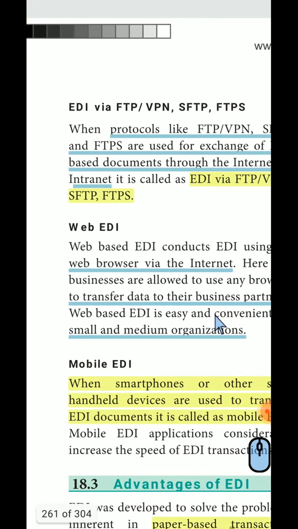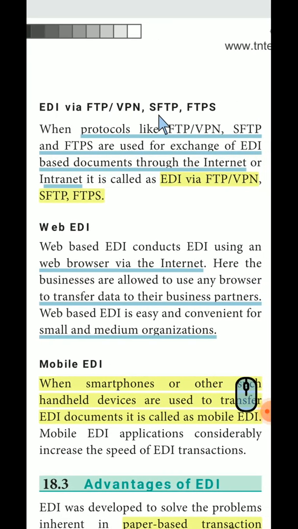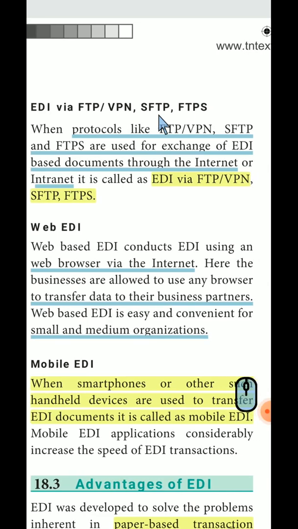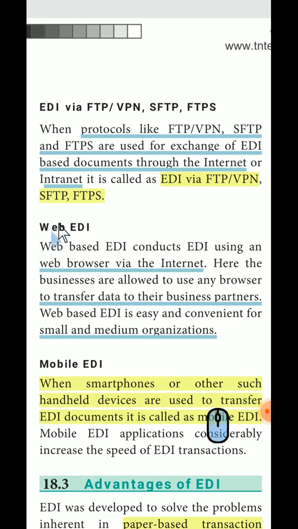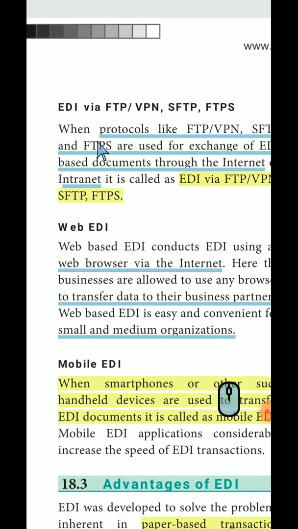So the next type is EDI via FTP or VPN, SFTP, FTPS. Here these are all protocols, FTP, file transfer protocol, and VPN. So everything is a protocol.